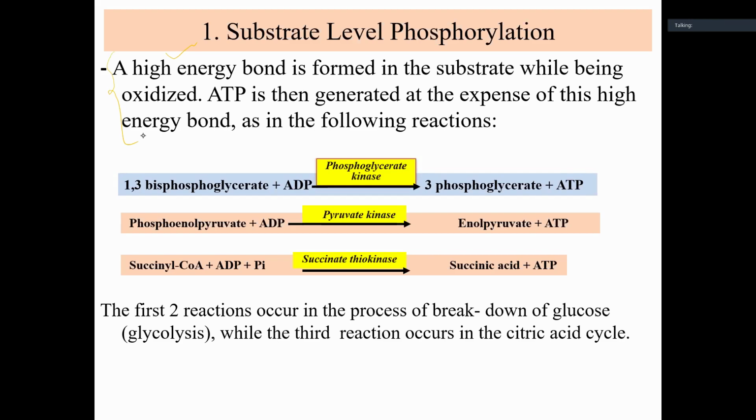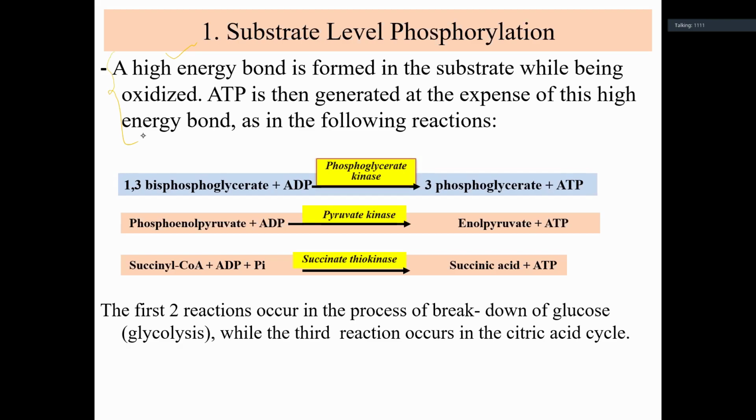Mumtaz. Anyone can explain these three lines? Yes, I think due to the oxidation, it results in a high energy bond, therefore giving ATP at the expense of the high energy bond. If I ask you to explain it in Arabic, would you be able to?